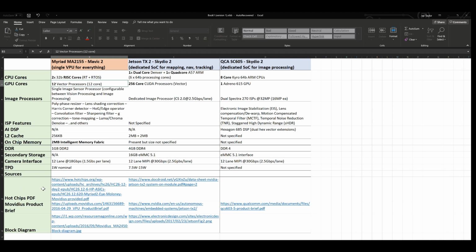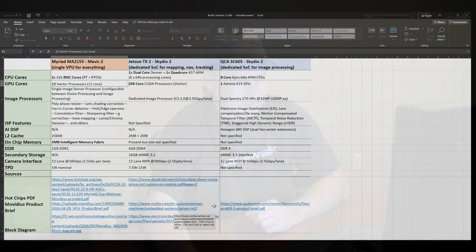I also added the links down here, so anybody that wants to go out there and look this information up themselves can do their own comparison. This wasn't everything that I found, but this was a lot of the key information that I pulled from. So let's take a look at these things side by side and see how they actually stack up.